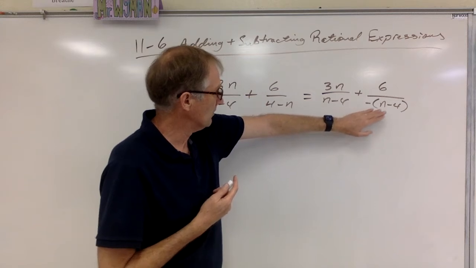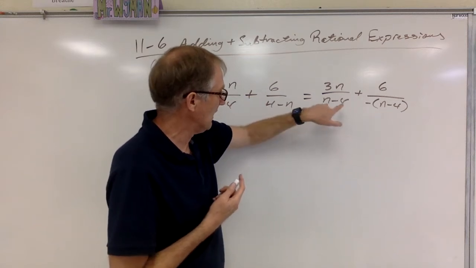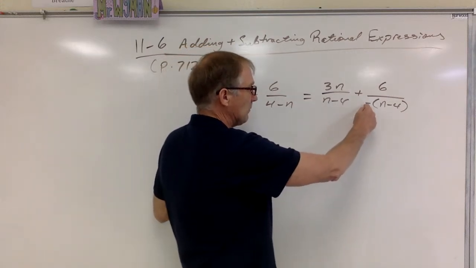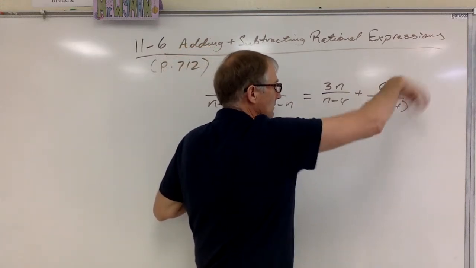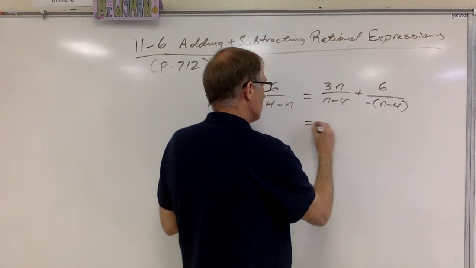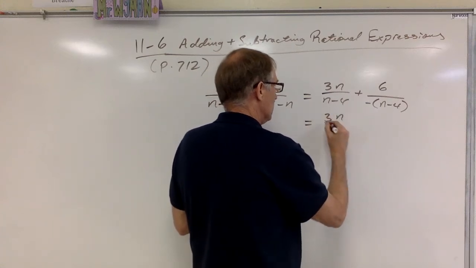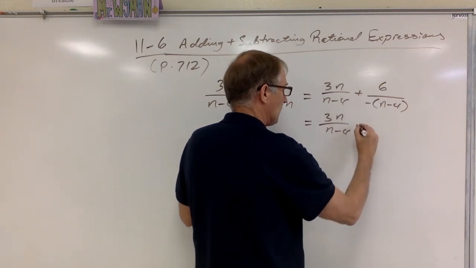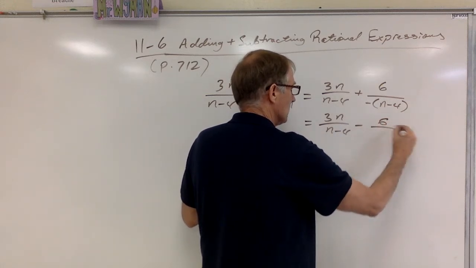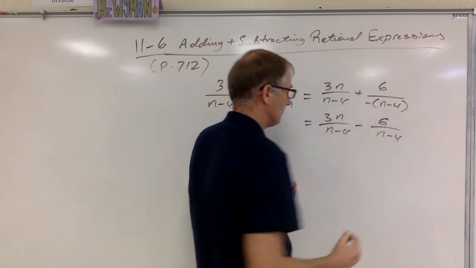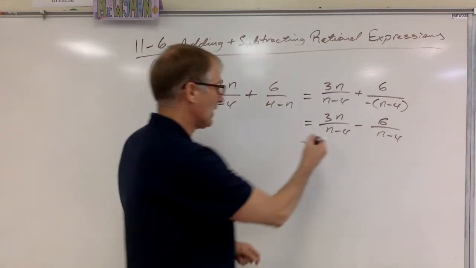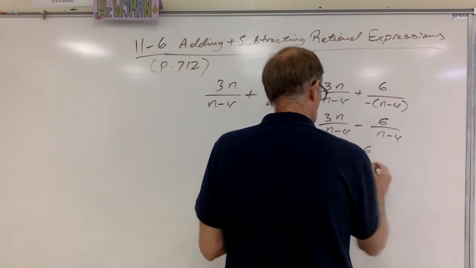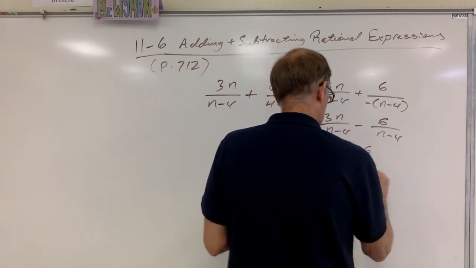The reason why we did that is now I have a common denominator of n minus 4 and n minus 4. This negative sign applies to the whole fraction. So let's just rewrite that. So that's 3n all over n minus 4. This applies to everything, so I can put it right here, minus 6n, minus 4. And now I've got a common denominator, so that's going to be 3n minus 6 all over n minus 4.